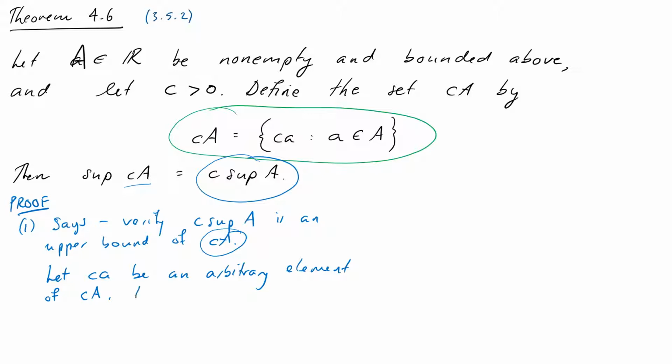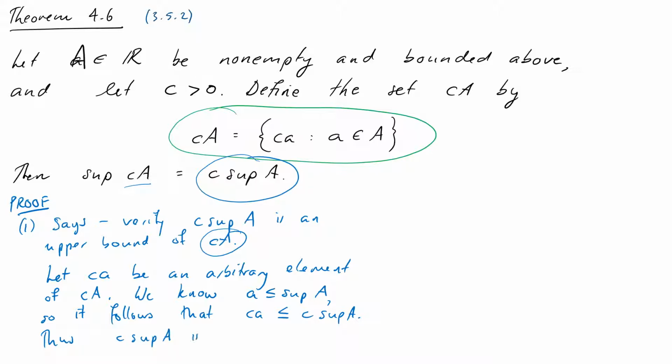We know that a is less than or equal to sup A. That's by definition of supremum. So it follows that ca is less than or equal to c sup A. Thus, c sup A is an upper bound of cA.